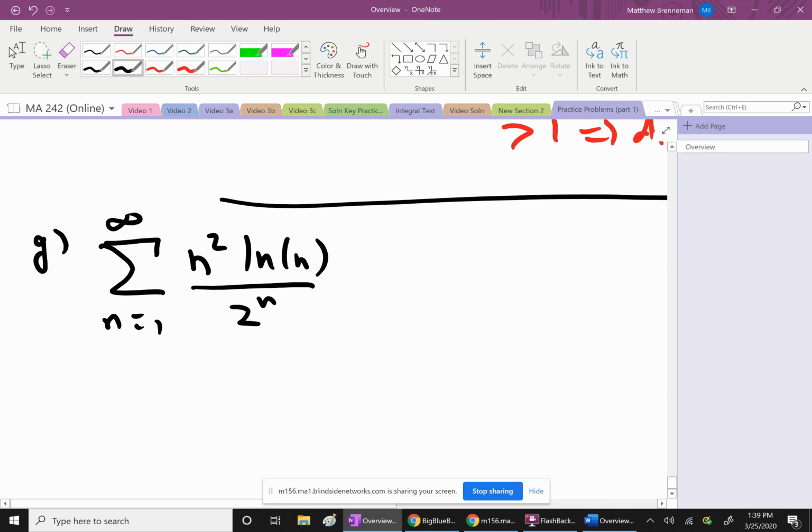I want you to think for a second how we should proceed. Let's think about some sort of method here. Which method should we try? Which method for our test?